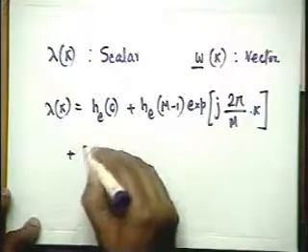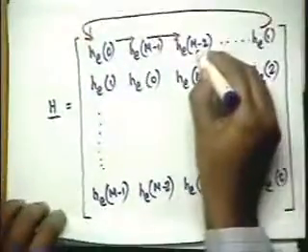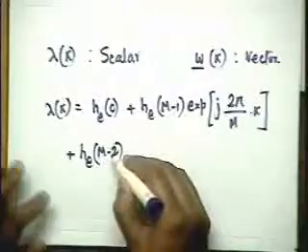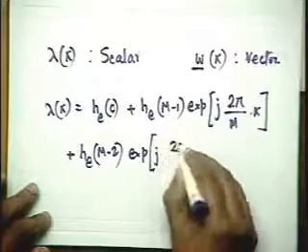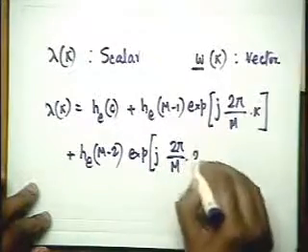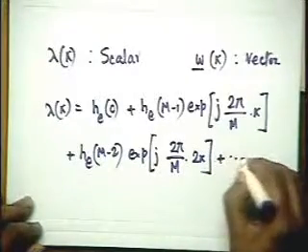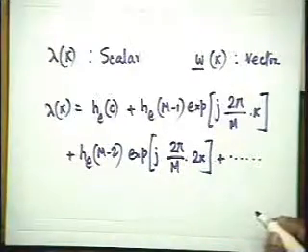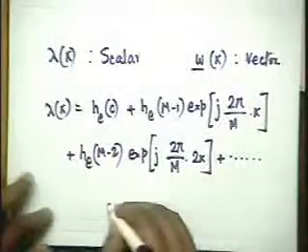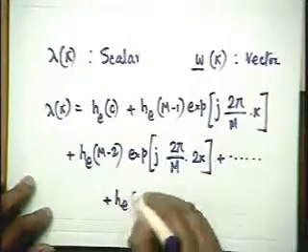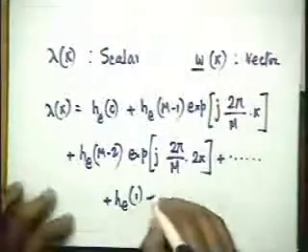Plus I am going to write HEm-2, that is to say considering the next element, HEm-2 multiplied by the complex exponential j 2 pi by capital M into 2k. Like this I form a series, consisting of how many elements? m number of elements, and the last element in this series is HE1, and what is going to be the multiplication factor for the last?